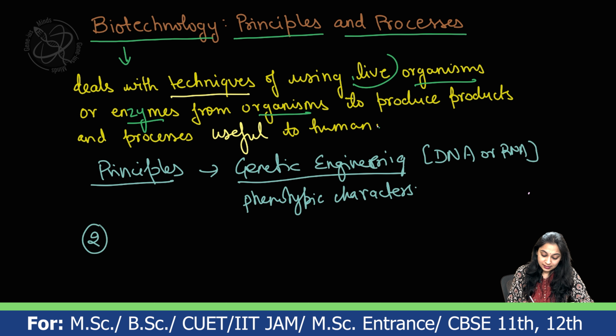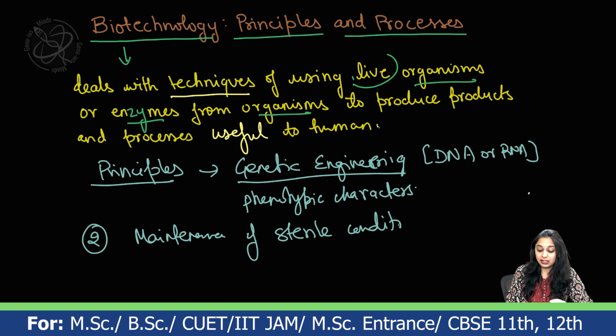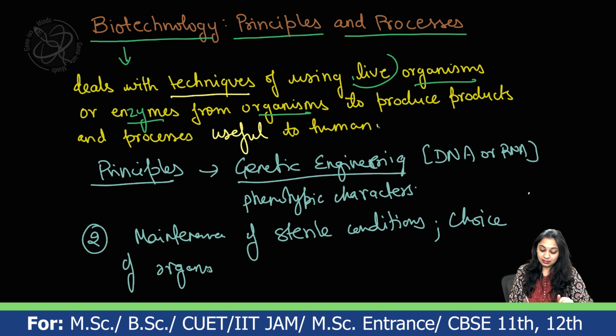The second one is maintenance of sterile condition. Sterile means free of microorganisms, completely pure, so that a particular choice of microorganism can grow, which helps in the production of certain important products.